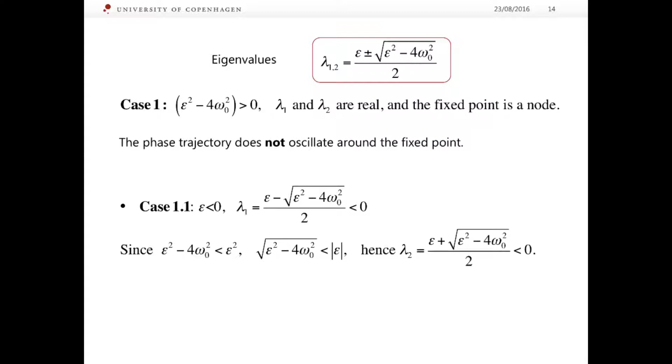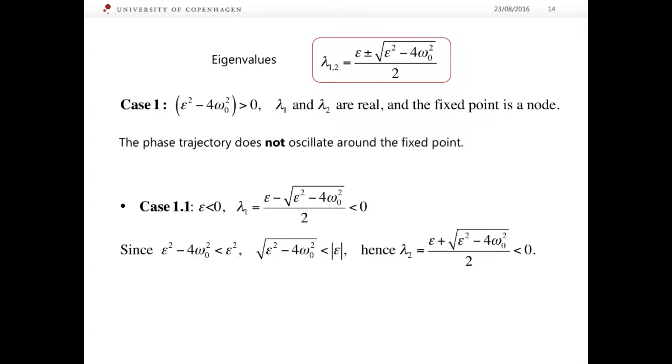And this inequality tells us that the square root is less than the magnitude of epsilon. And if we form the second eigenvalue lambda 2, we have a negative number epsilon, to which we add a positive number which is smaller than epsilon.